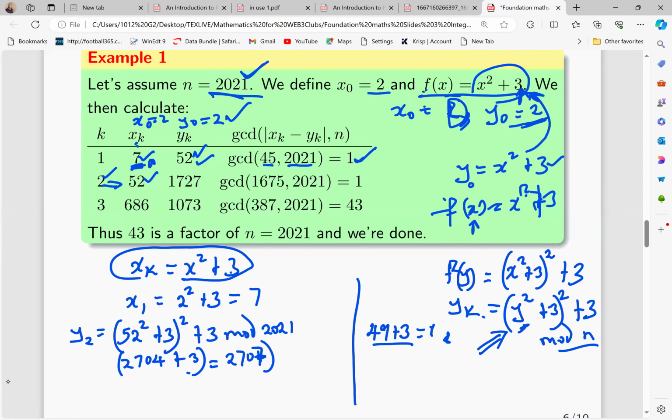Square this, square that. When I square that, I'm getting a very big value. Let me add 3 to that result, because there's this 3.